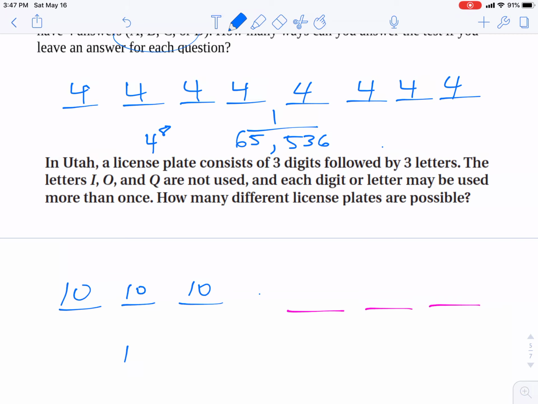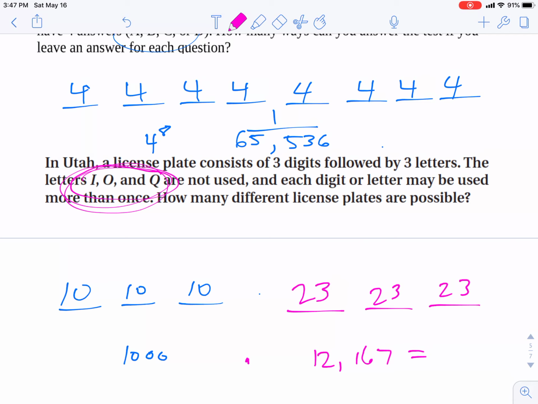And then we are going to do 26 times 26 times 26, but you've got to hold on, because they give us these 3 letters that can't be used, so that means there's 23, 23, 23. And that gives us a grand total of 12,167. So our final answer is multiplying all that together.